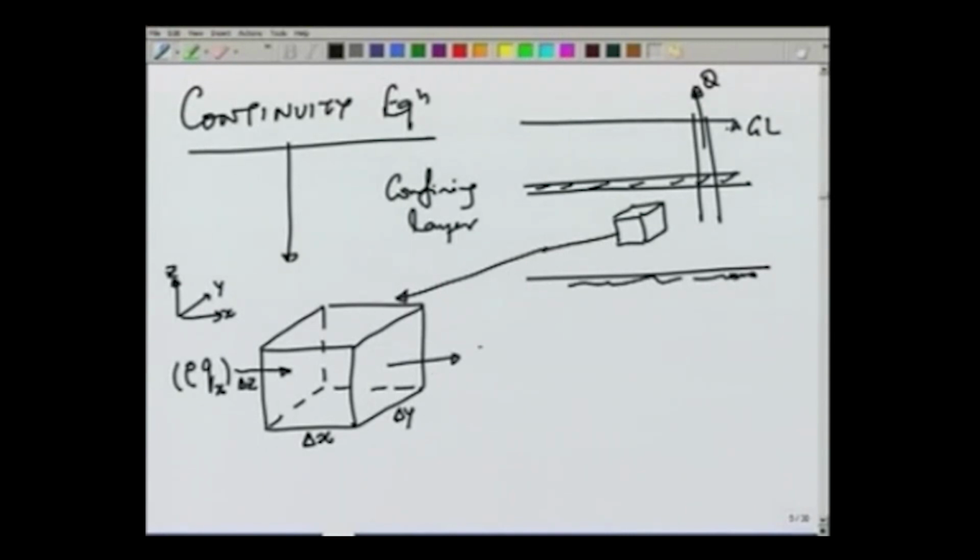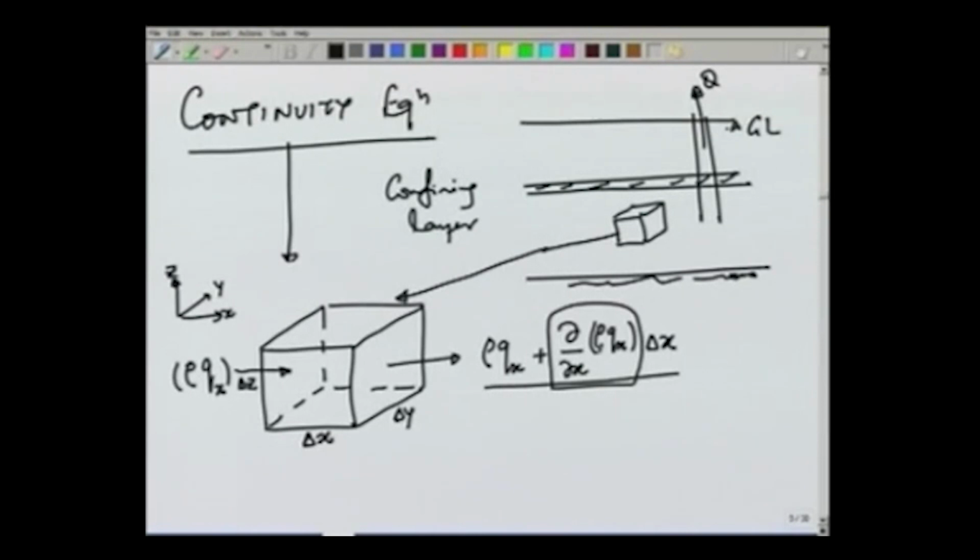So, the mass which is going out can be written by using Taylor series as rho qx, which is the mass coming in from the left face, plus the rate of change multiplied by the distance delta x. Sometimes we assume that this whole term rho is inside the differential here.